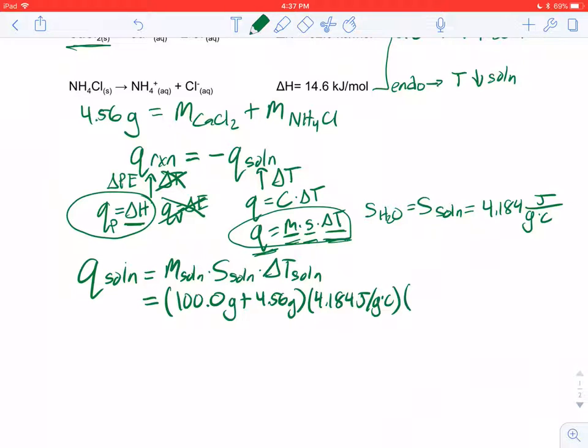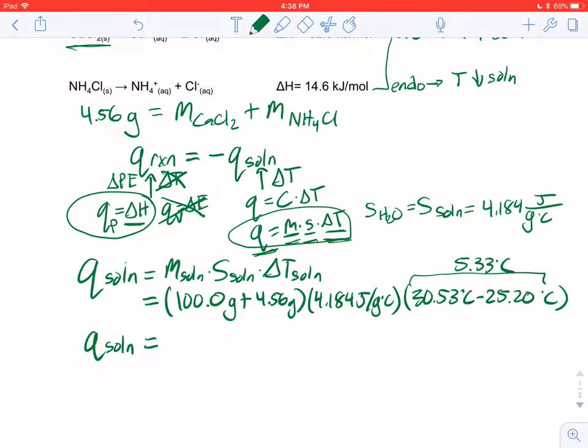We ended at 30.53 degrees Celsius and started at 25.20 degrees Celsius, so this temperature change is going to end up being 5.33 degrees Celsius. So the amount of heat that was gained by our solution, and we know it's gained because it's increasing, is 2,330 joules.